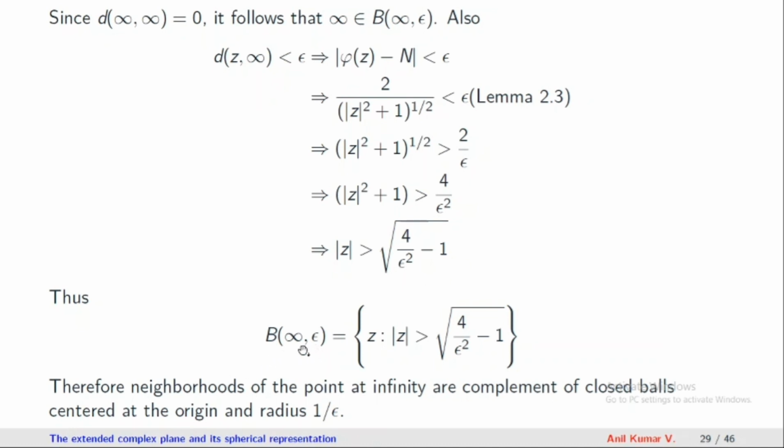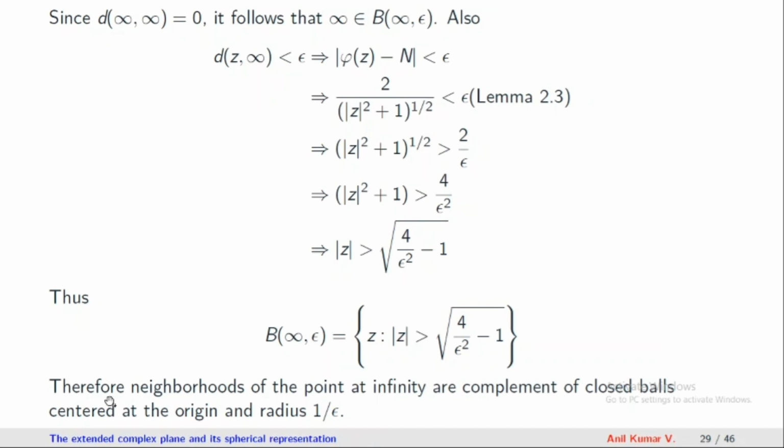Thus the epsilon neighborhood of infinity is defined as the set of all those elements z in C such that modulus of z is greater than square root of 4 divided by epsilon squared minus 1.